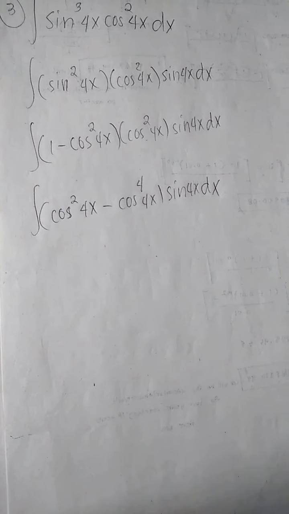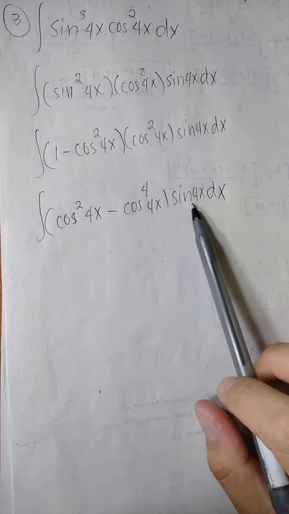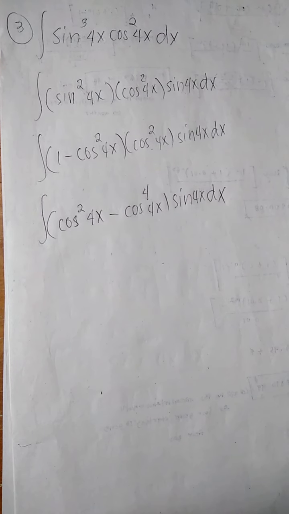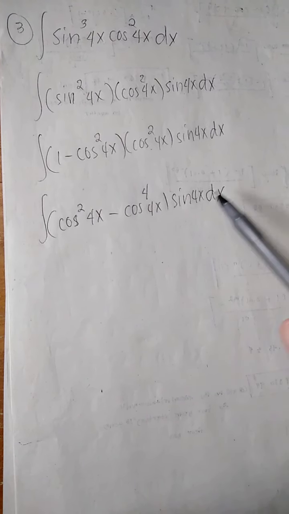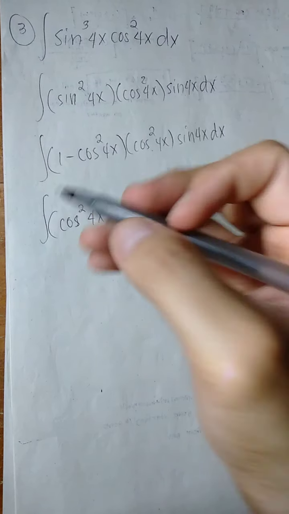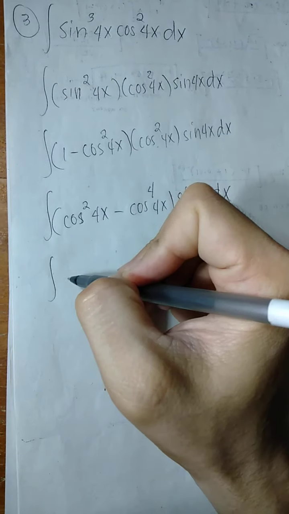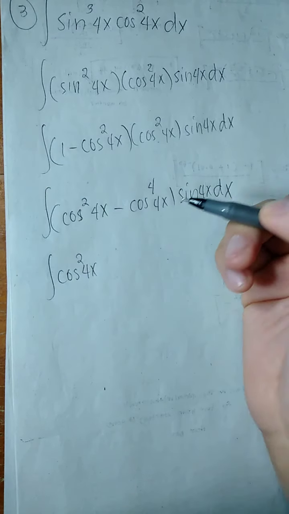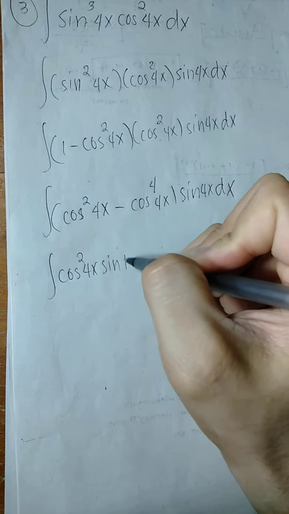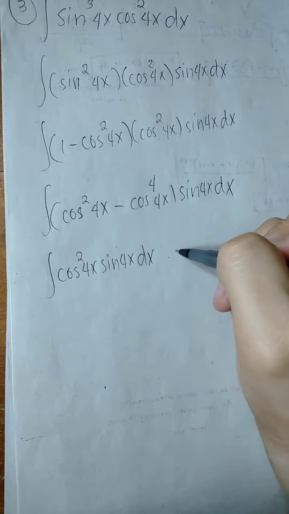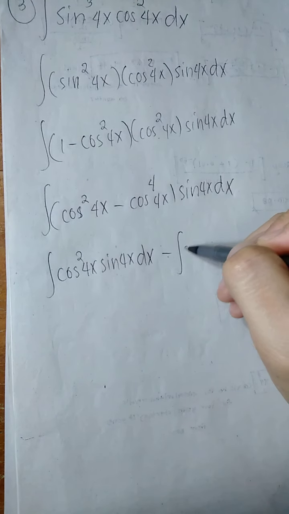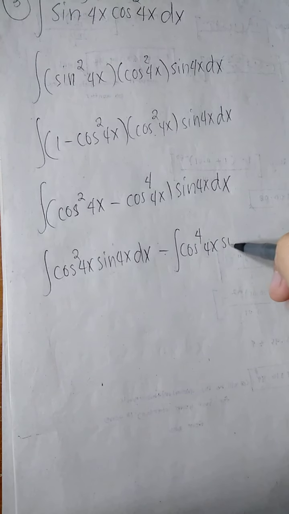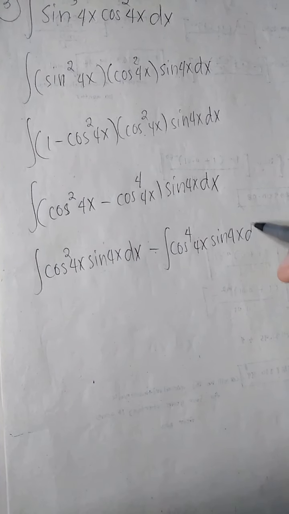As we check now, once we distribute the sine 4x inside, we can already do the substitution of the cosine function. So it becomes the integral of cosine squared 4x sine 4x dx minus the integral of cosine to the fourth 4x sine 4x dx.